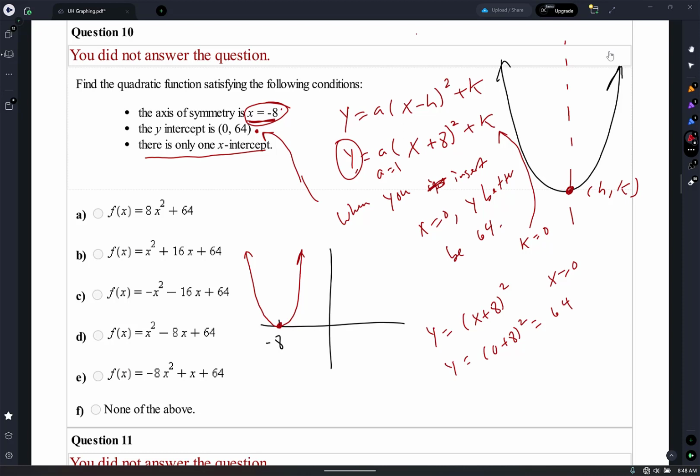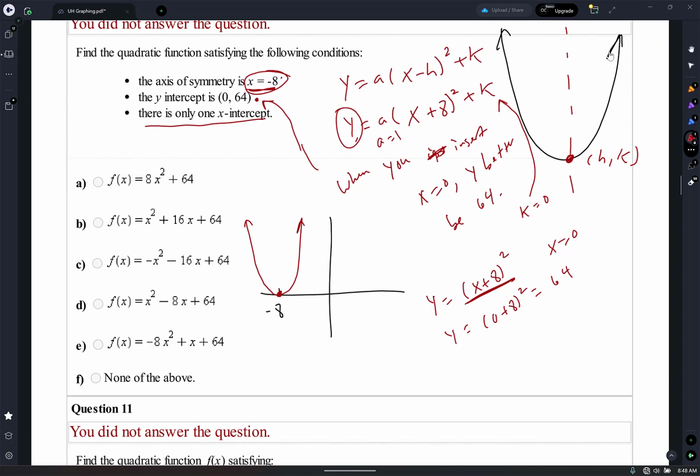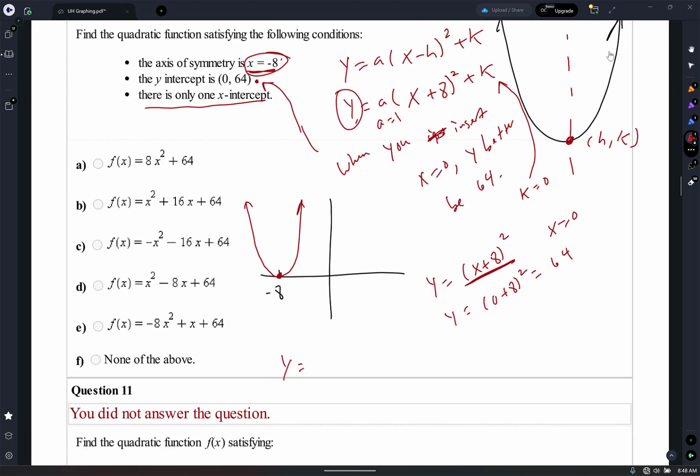How do we feel? I know. The answer is it is in there, but it's just not written like this. Foil it, guys. y equals, what's x times x? x squared.